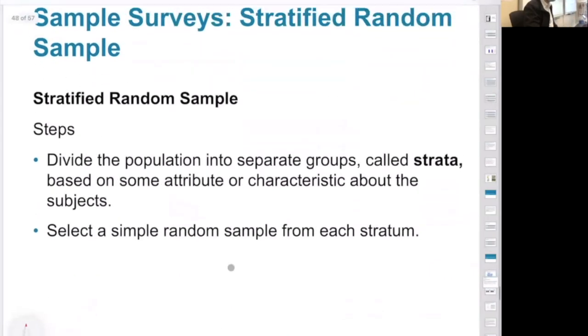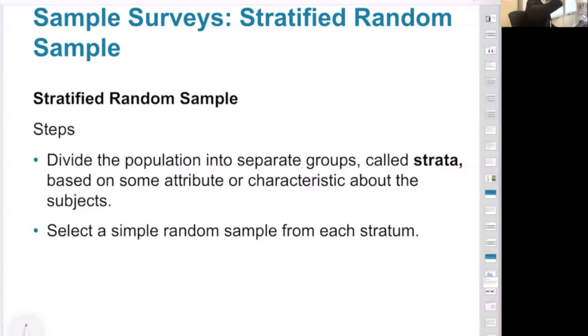What about the stratified random sample? Also, you can divide the population into groups. These groups, we call them strata. But this time, you will take a simple random sample from each stratum. So what is the difference now between cluster and stratified sampling?